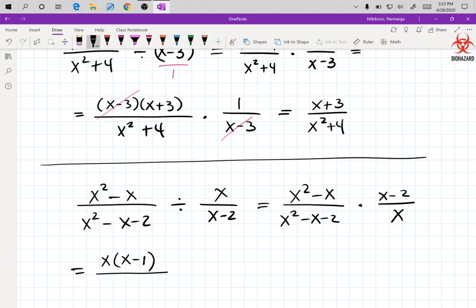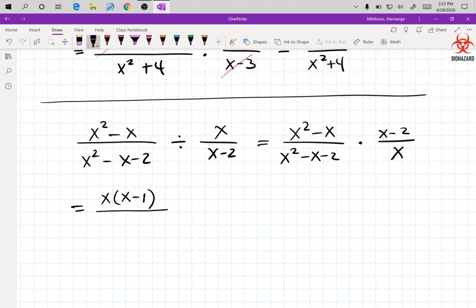The bottom is going to have negative 2, which factors into 1 and negative 2. When you add them, you do get negative 1x, which is the middle one, which is great. So we know that this is x plus 1, x minus 2, times x minus 2 over x.